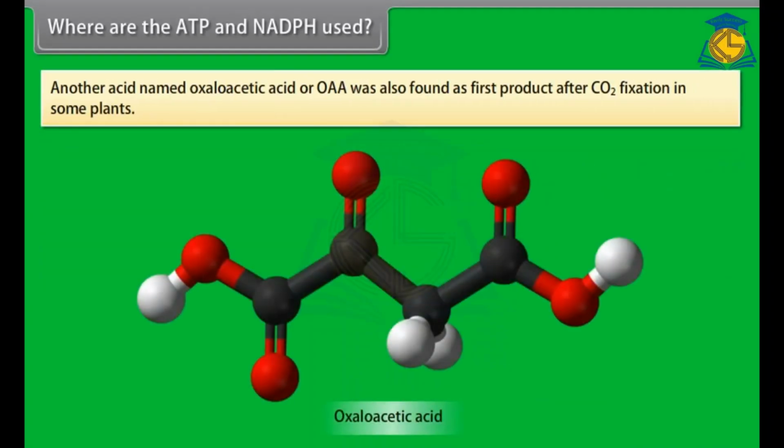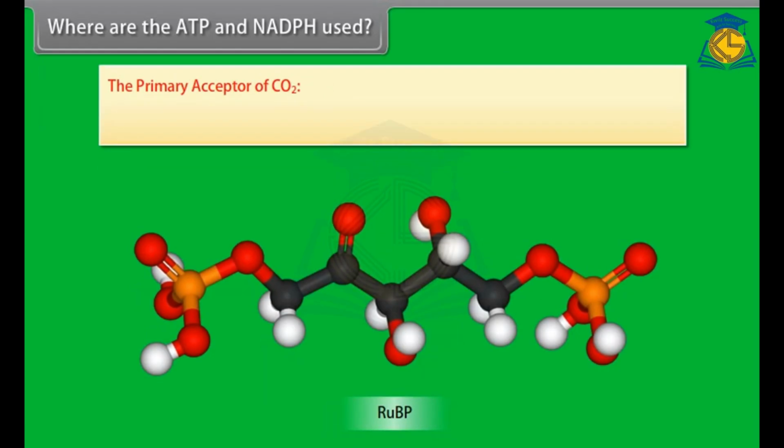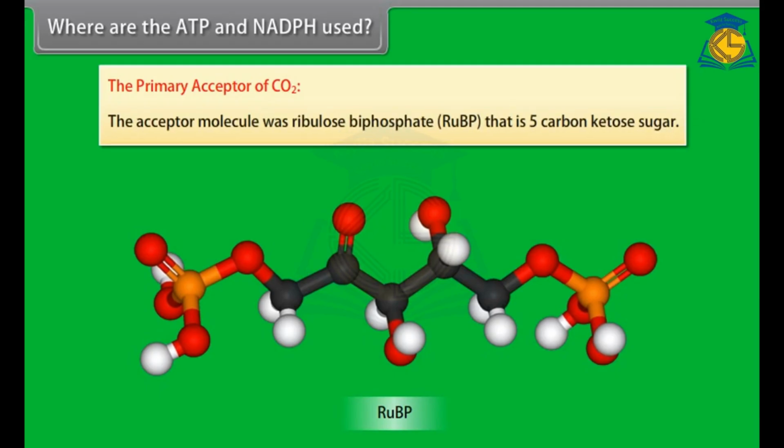Another acid named oxaloacetic acid or OAA was also found as the first product after carbon dioxide fixation in some plants. The primary acceptor of CO2: the acceptor molecule was ribulose bisphosphate, RuBP, a 5-carbon keto sugar.